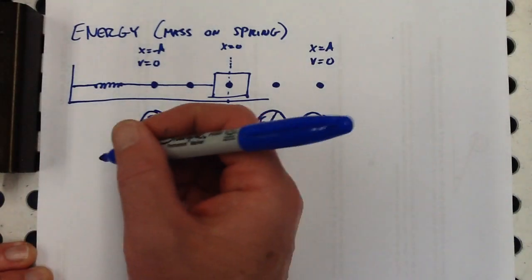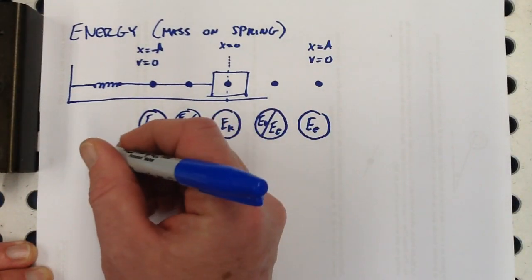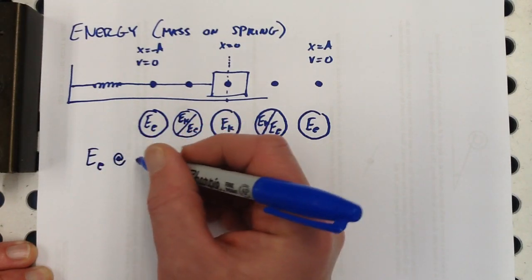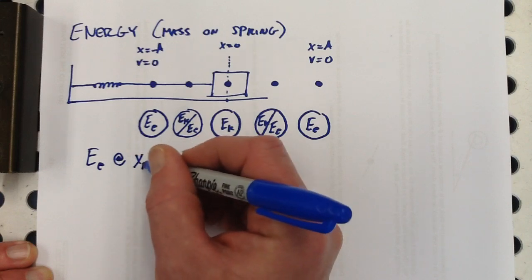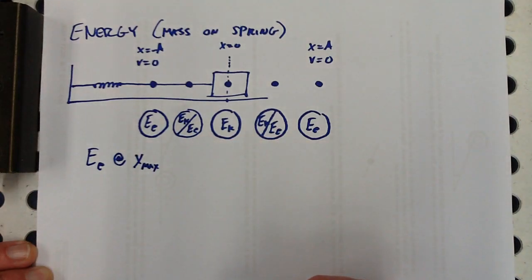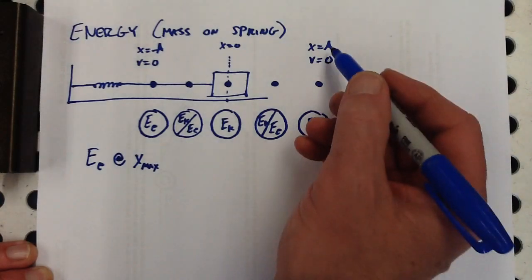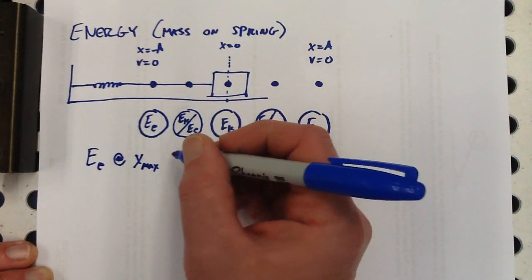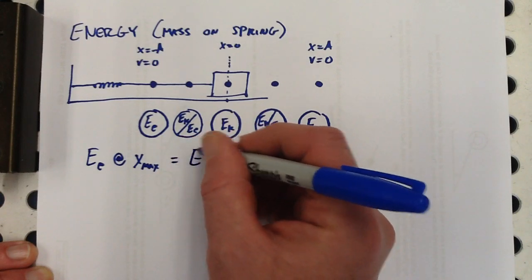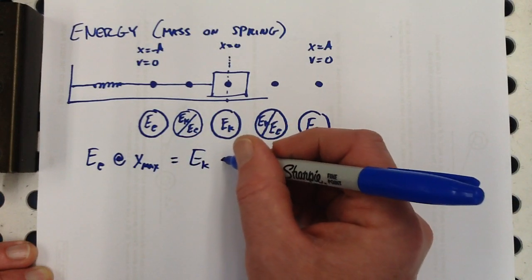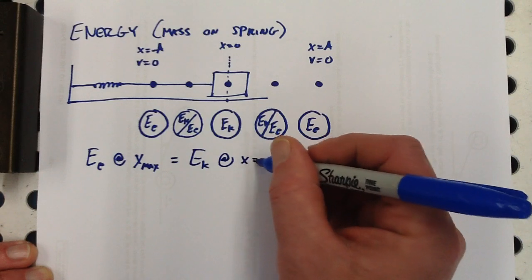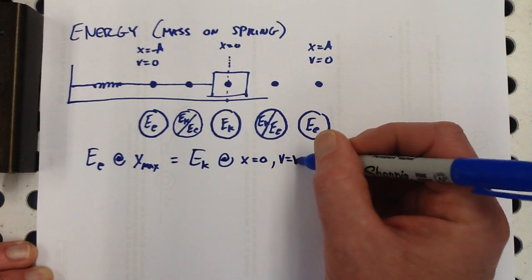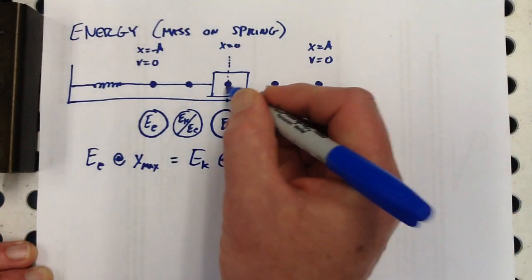So that means the EE, when we're at the maximum position, A or negative A, the furthest distance from the center, must be equal to the EK when we are at x equals 0, which is when it's going to have its maximum velocity as it goes through the center.